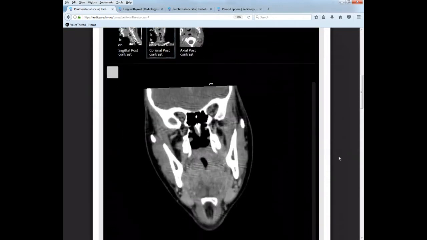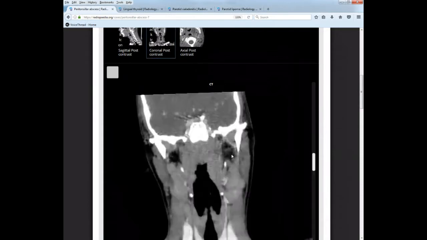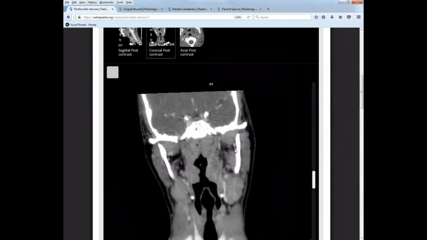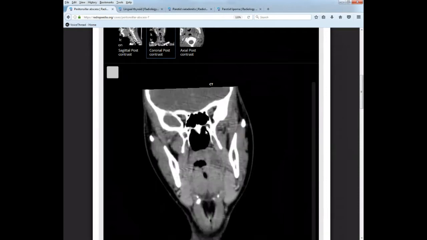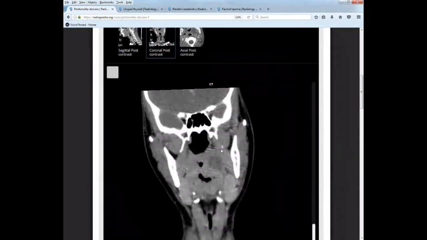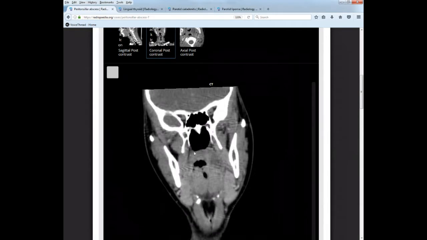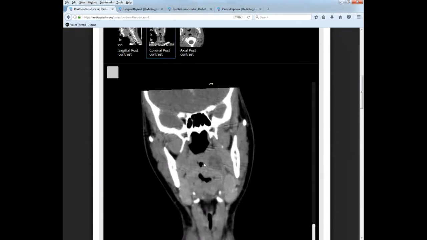Let's go to coronal. Now, it's going to be a lot harder to see the distinction between the different segments of the pharynx, but what I do want you to be able to see in this view, in a coronal view, are the nasal concha, which you can see here. This is clivus here. You should be able to see that.